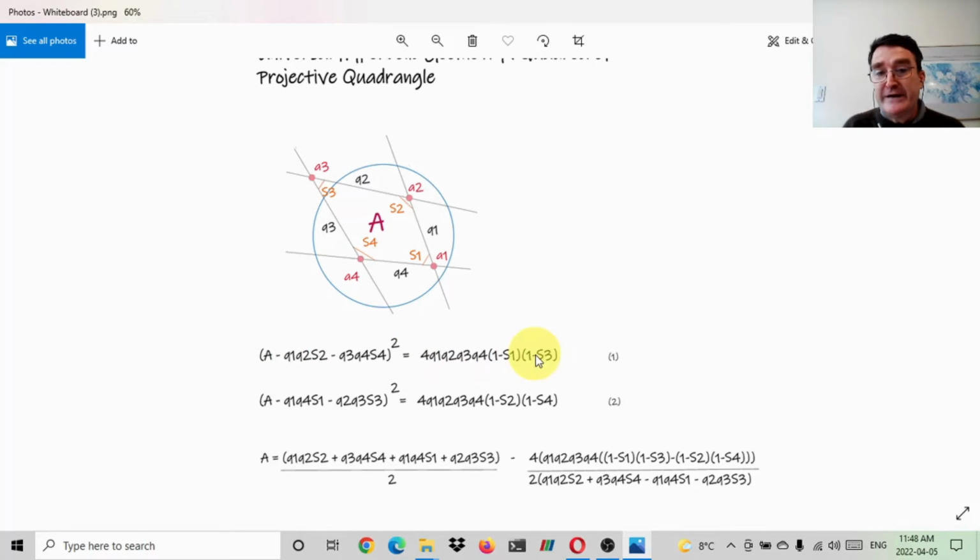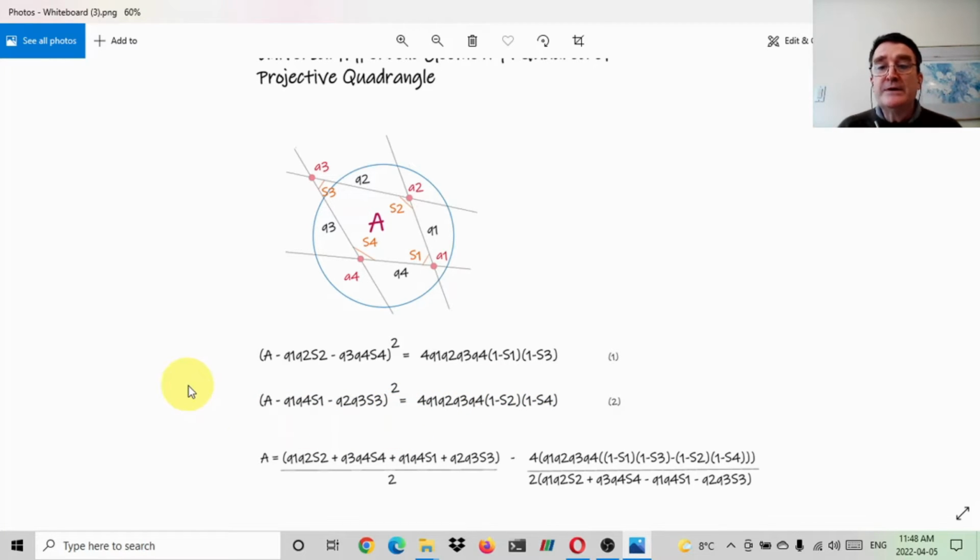That's the first quadratic equation. And the second quadratic equation is (A − Q1Q4S1 − Q2Q3S3) squared equals 4 times Q1Q2Q3Q4 times (1 − S2) times (1 − S4).